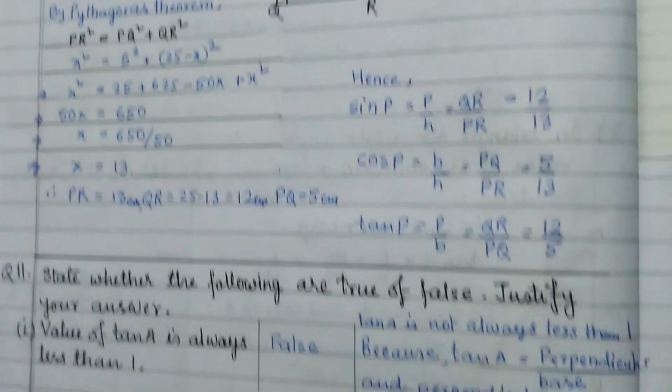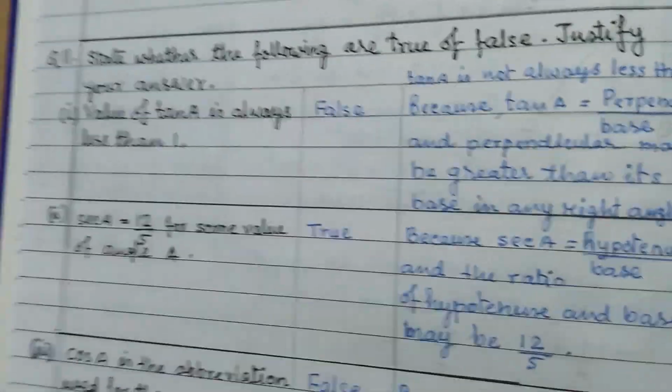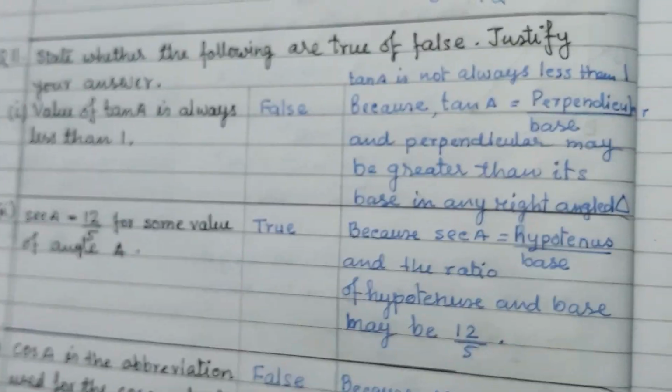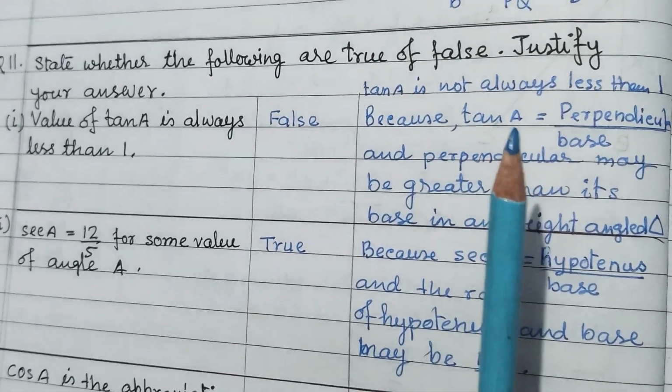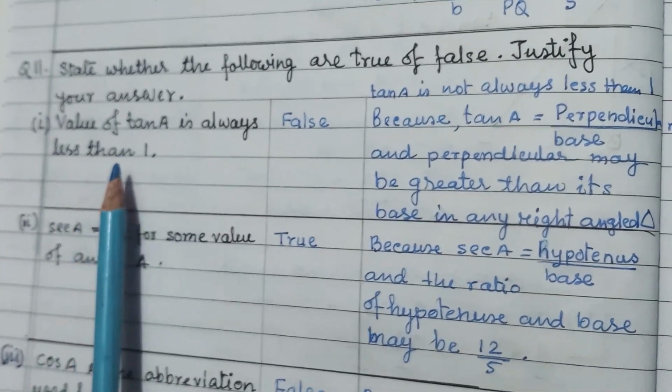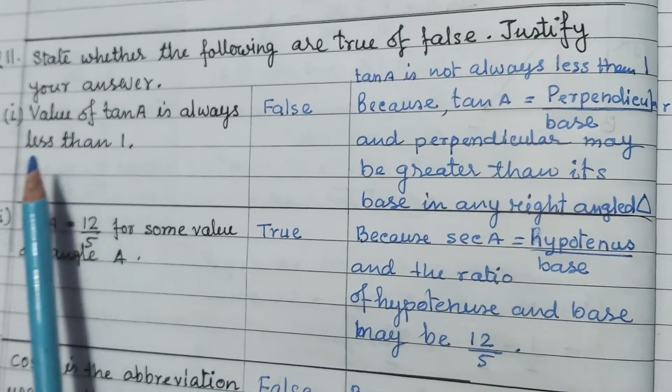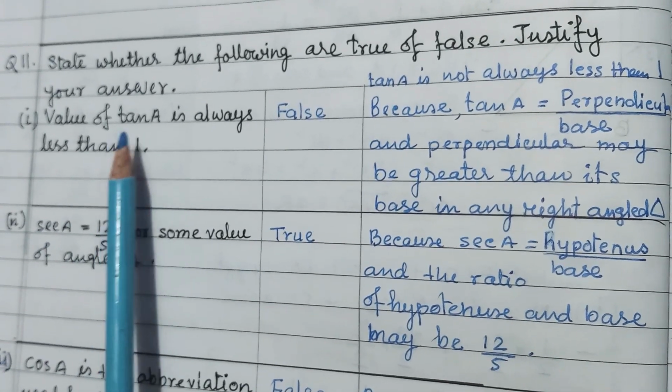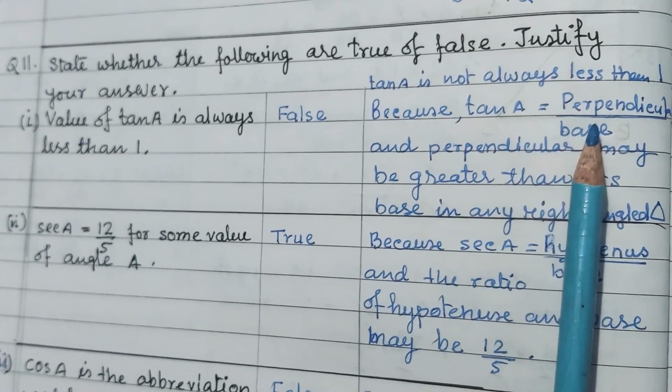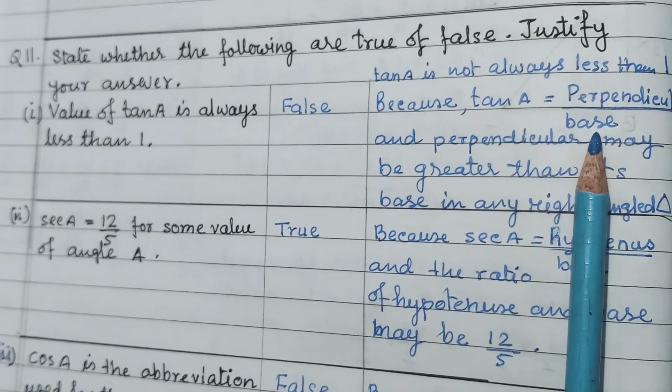Now the last question, question number 11. State whether the following are true or false. Justify your answer. Value of tan A is always less than 1. Tan A is equal to perpendicular upon base.